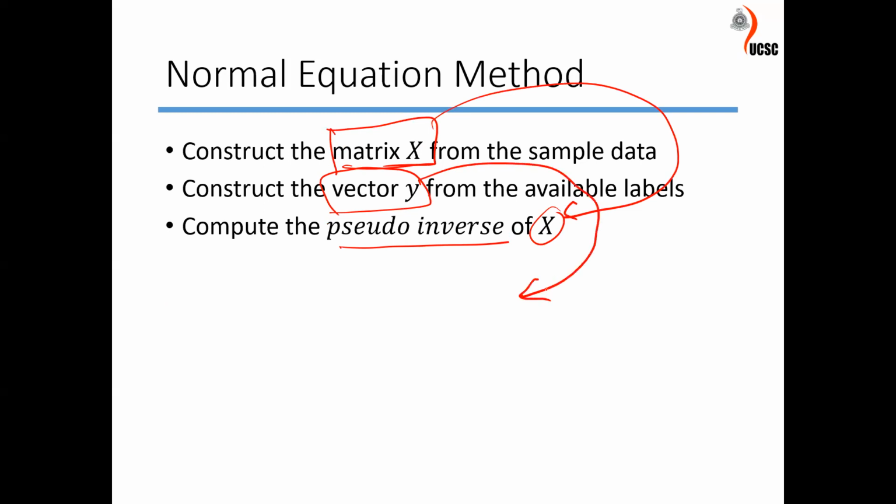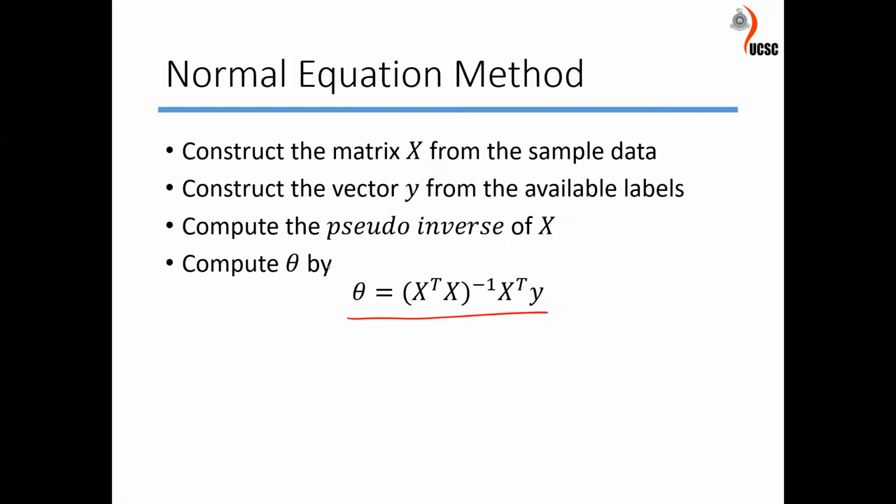You know the Y, so you can simply find the parameters, the parameters that give the minimum value of the cost function.